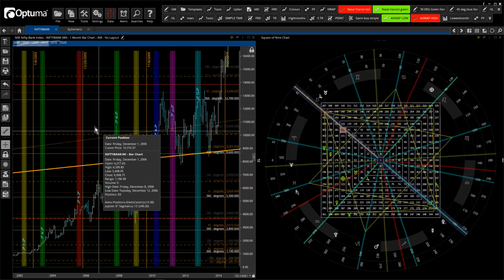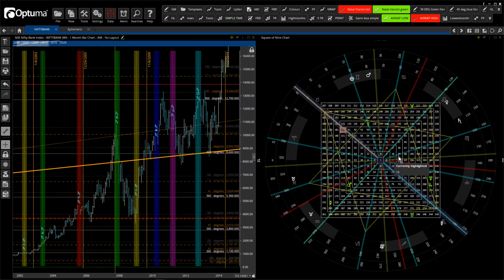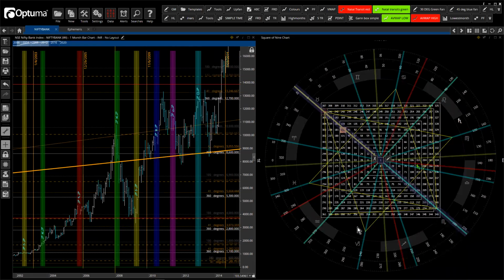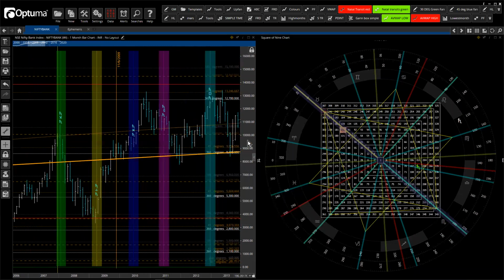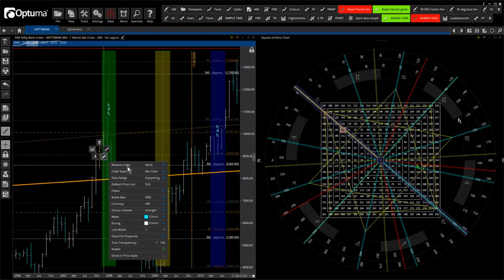So if you were looking at this coming around here on the square on this date here, let's get rid of all these other planets again, just because we only want to look at Saturn. Oops, just Saturn. 132, okay. There's our natal position. Well, we had a spike over it, but look at the opening and closing on those candles or those bars. Let me get them a little thicker there so you can see them.